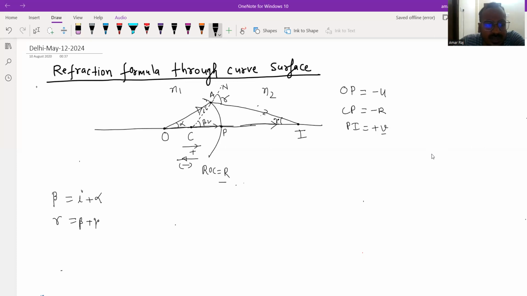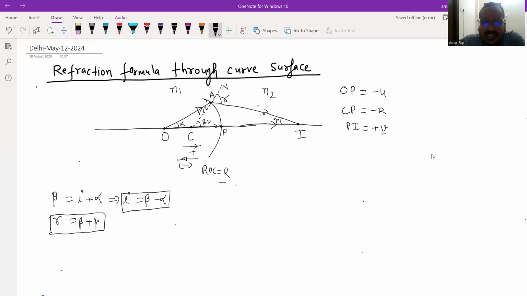So from the equation beta equal to i plus alpha, you can find the value of i. So i is equal to beta minus alpha. And from the second equation, r is equal to beta plus gamma, you get the value of r. So you get the value of i and r.